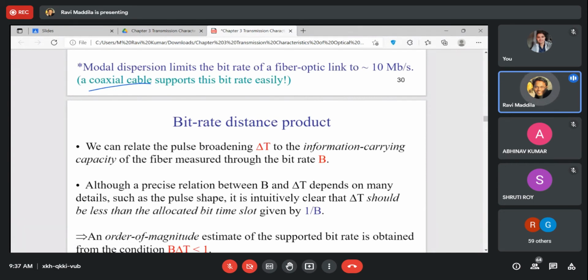Here the bitrate distance product is very critical, because the next question is, how far can I transmit this data rate over an optical fiber or over a coaxial cable?